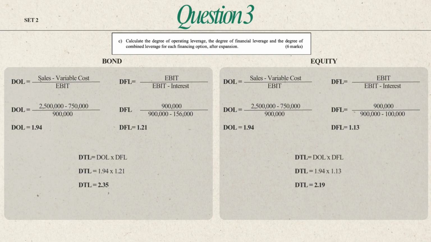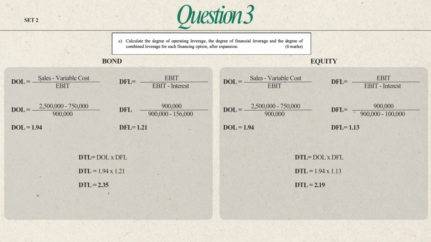The degree of total leverage is calculated by multiplying the degree of operating leverage and the degree of financial leverage. So under bond financing, this gives 1.94 multiplied by 1.21, which equals 2.35. This means that a 1% change in sales will result in a 2.35% change in earnings per share.